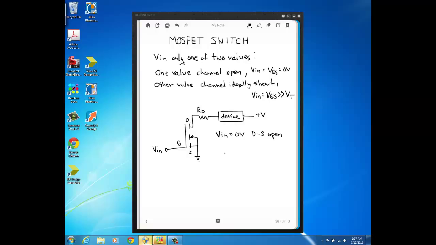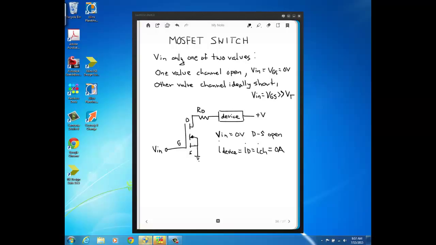That means your device current, which I'll label ID, which equals the drain current, which is the same thing as the channel current, is just going to be 0 since there's an open.